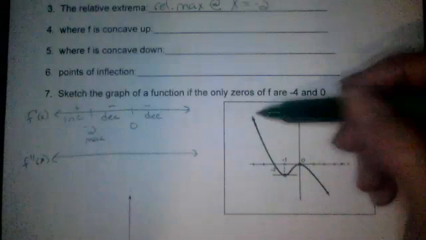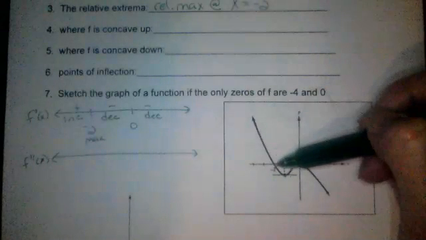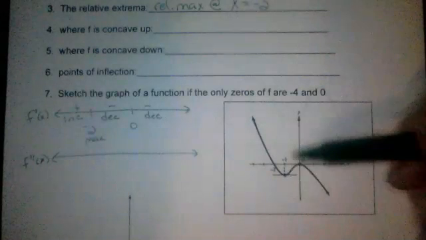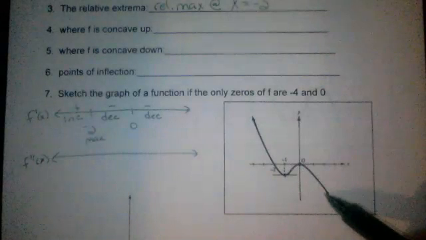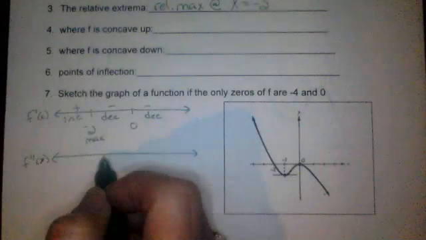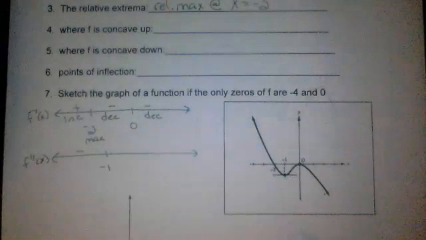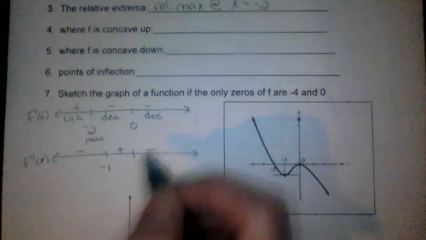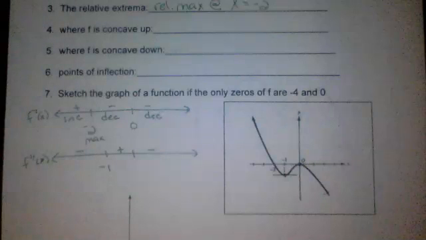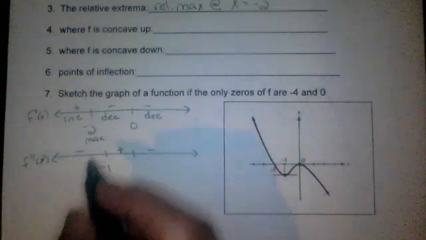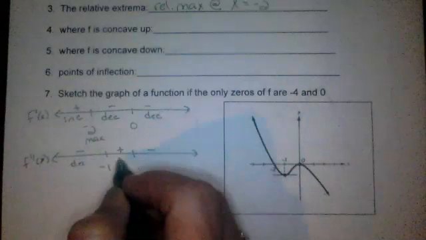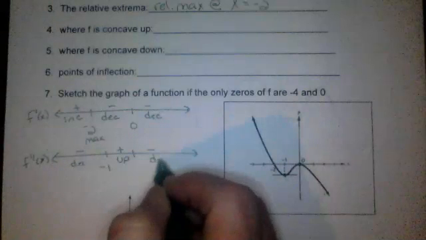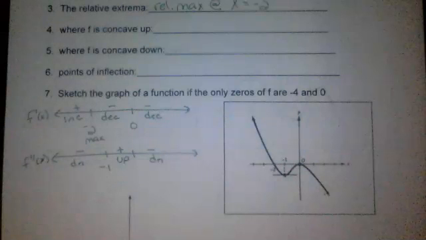So it looks like our slopes are negative to begin with, then positive slopes, then negative slopes. So negative until I get to -1, then positive until I get to 0, and then negative again. And so our second derivative gives us concavity, so this means that we're concave down, then concave up, then concave down on the original function graph.